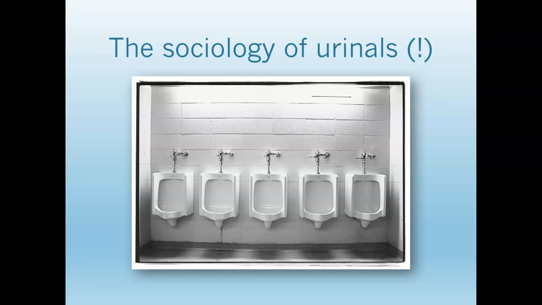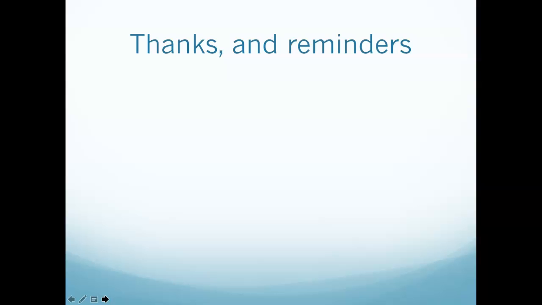And going back to personal space, the operating rule for choosing a urinal is that you need to be as far as possible from anyone else, and that the minimum distance between you and anyone else is one urinal space between the two of you. So you never want to be right next to somebody. You want to have a space between you.